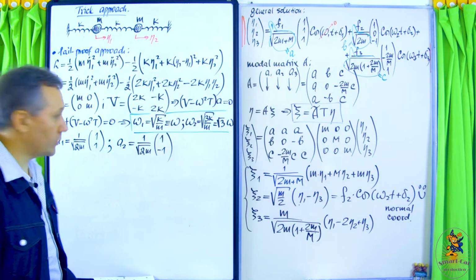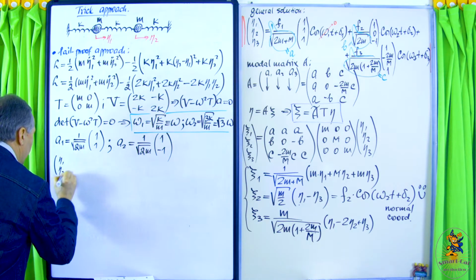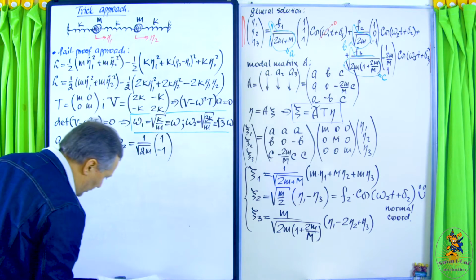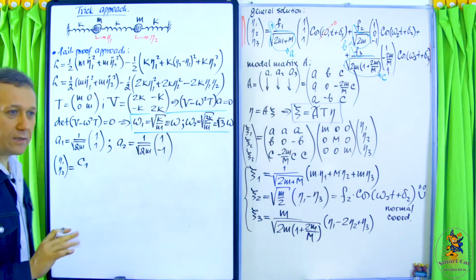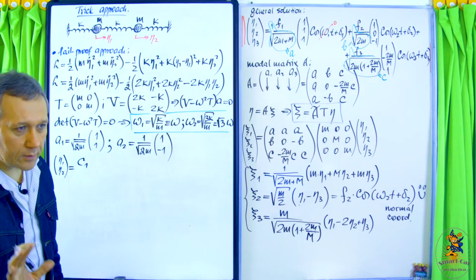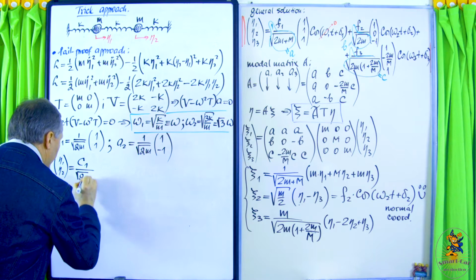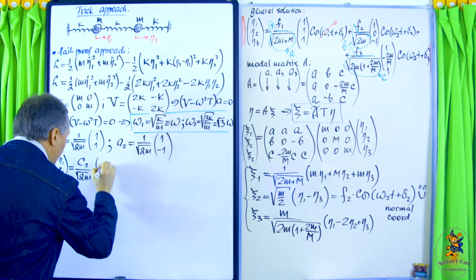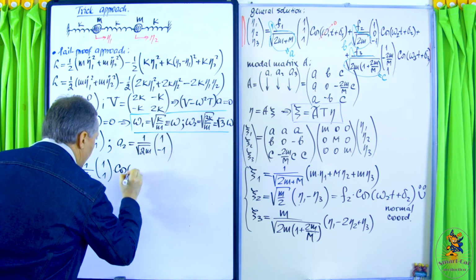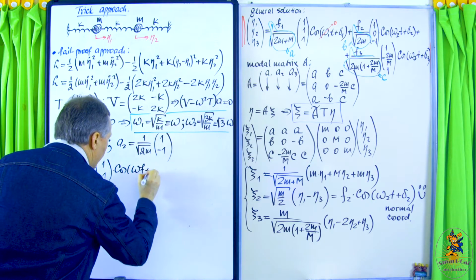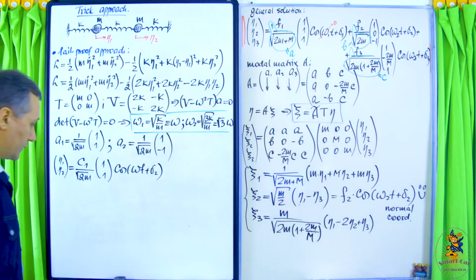Pretty much that's what I wanted to get. Now the general solution. It will be eta 1, eta 2, and which constant do I use? C1. In this case, C is a real constant, divided by the normalization factor, times (1, 1), and the time dependence is cosine of omega t plus delta 1. Delta is the newly introduced constant.